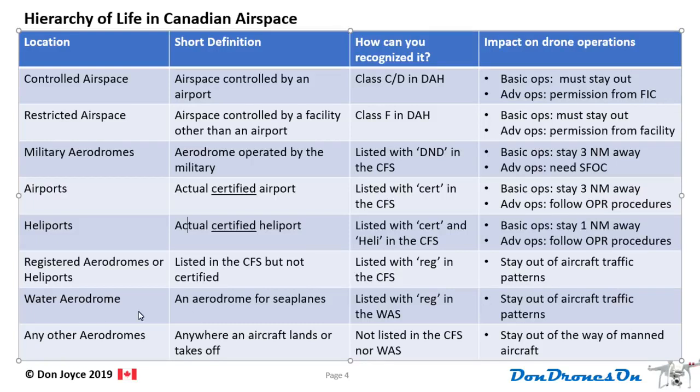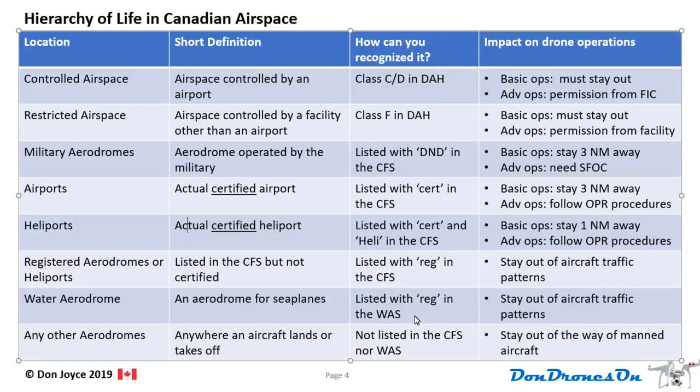Water aerodromes are very similar. Water aerodromes obviously are aerodromes on the water, or in the winter on ice, for seaplanes. Water aerodromes are listed in one document called the WAS, which we've talked about, and they are listed with a REG for registered in that WAS.